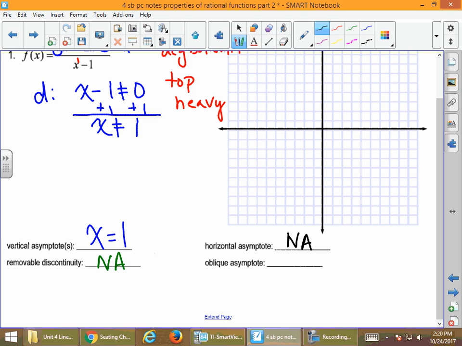And it works the other way as well. If we have a horizontal, we're not going to have an oblique. We have one or the other. Horizontal, no oblique. Oblique, no horizontal. But how are we going to get this oblique, which is going to be in the format, once again, of y equals mx plus b?